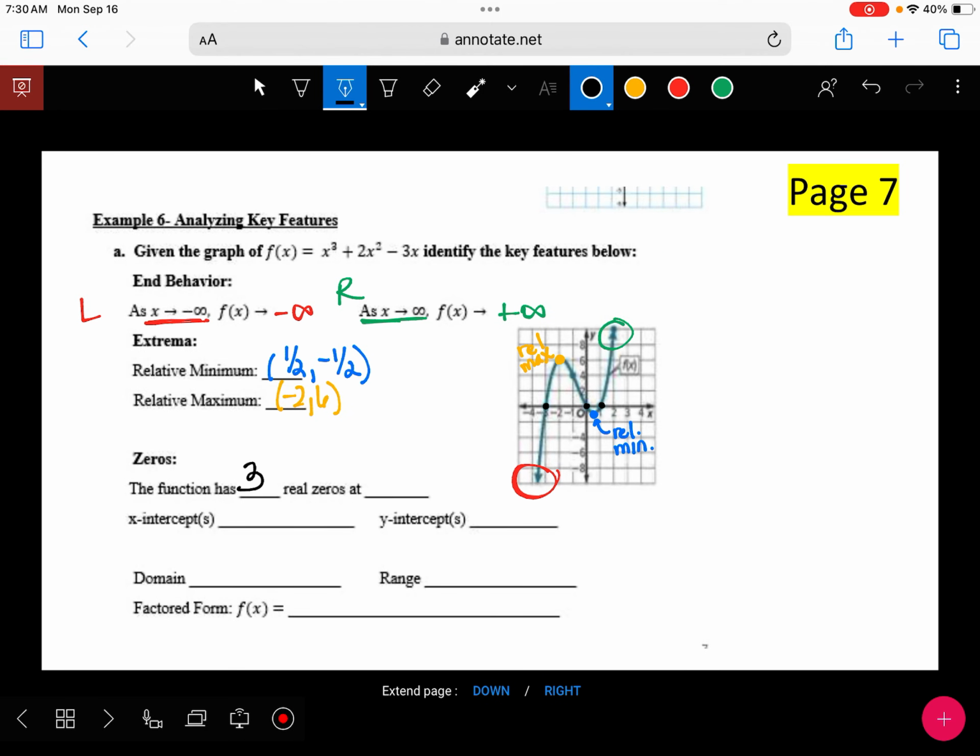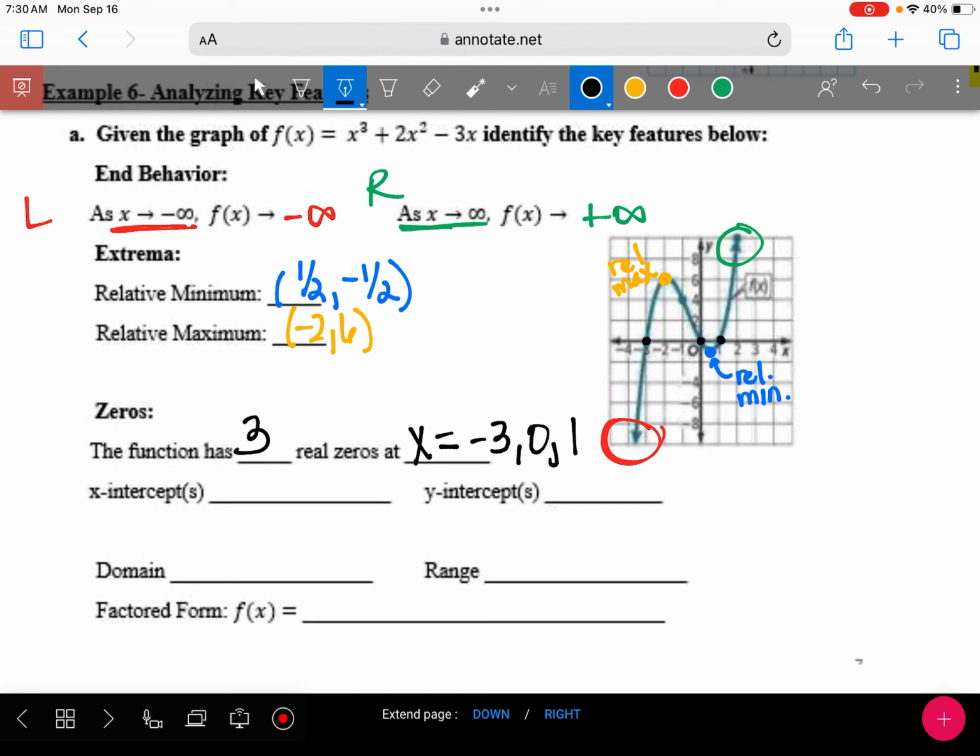So it has 3, and the zeros are going to be at -3, 0, and +1. So your x-intercepts would be at -3, 0, 0, 0, and 1, 0. And your y-intercept is also at 0, 0.